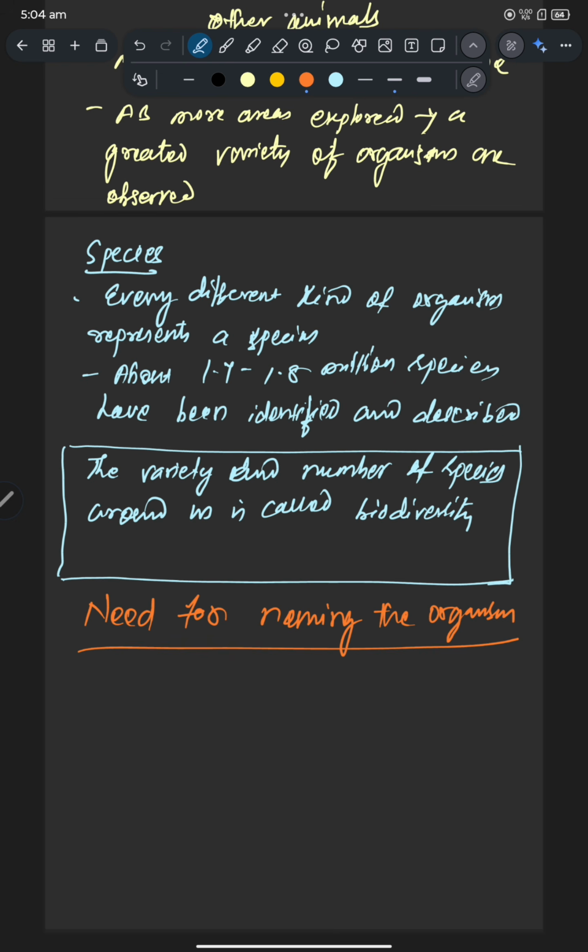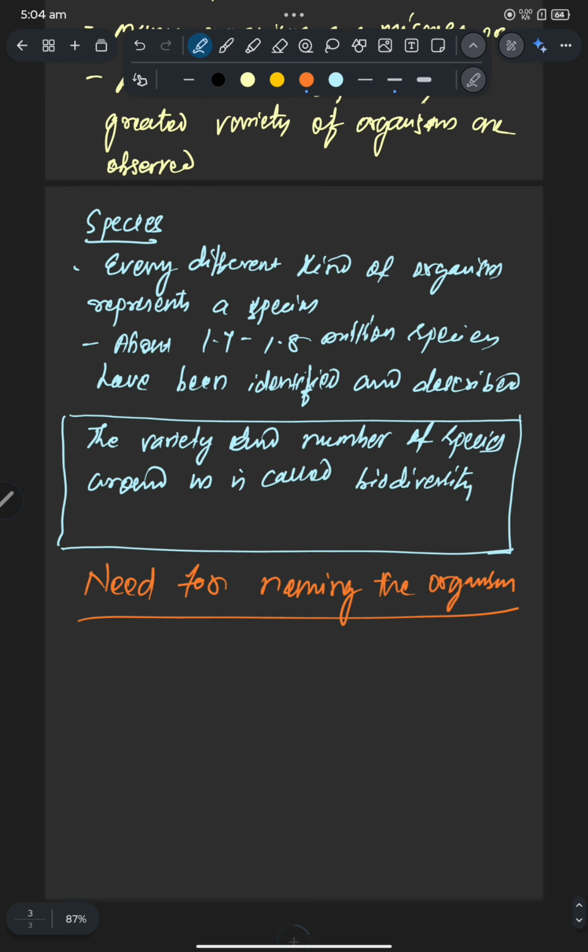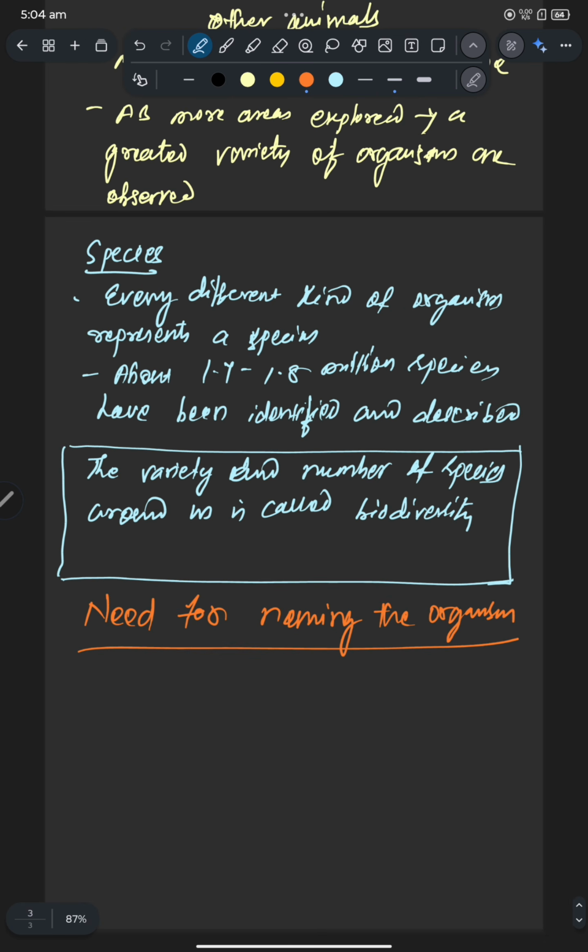So mostly while talking about any animal or any plant, we use the common name or the local name. Okay, so what is the problem with that local name? So let us see. Problems with local name.